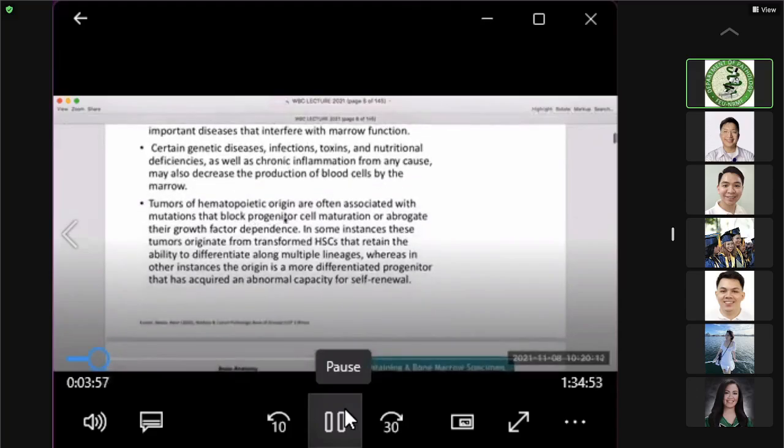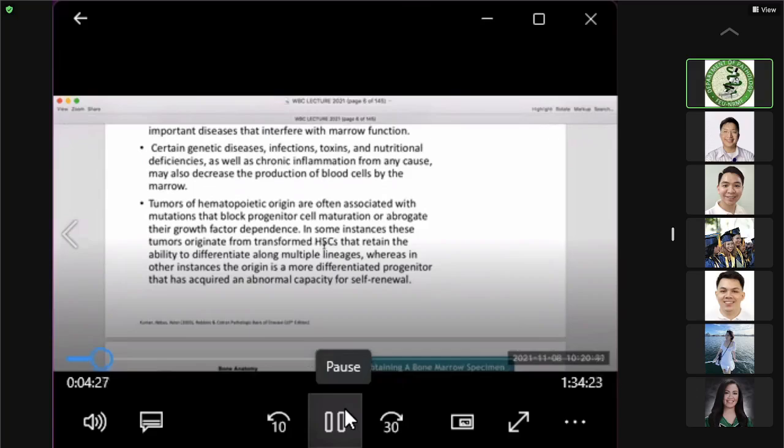Tumors of hematopoietic origin are often associated with mutations. So in malignancies, there are mutations that block progenitor cell maturation, or affect growth factor dependence. In some instances, these tumors originate from transformed hematopoietic stem cells that retain their ability to differentiate along multiple lineages.